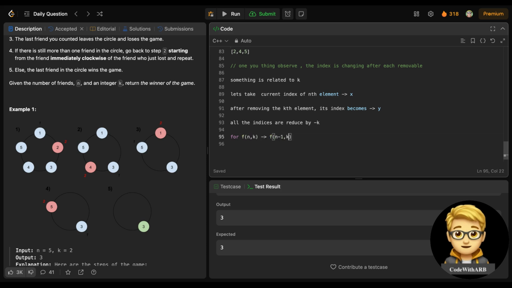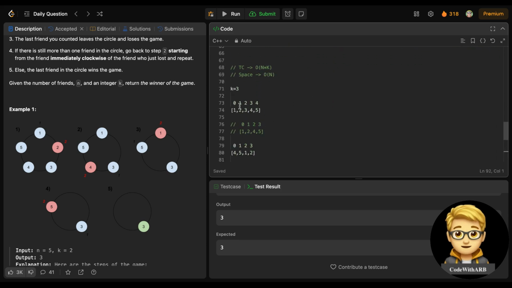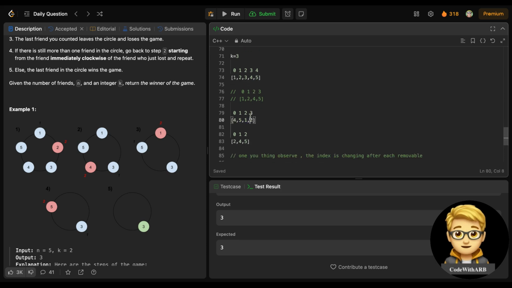If all the indices are reduced by minus k, then for this 3, when we remove this 3, it gives me a particular index, and according to this index all the indexes are adjustable according to the previous indexes.